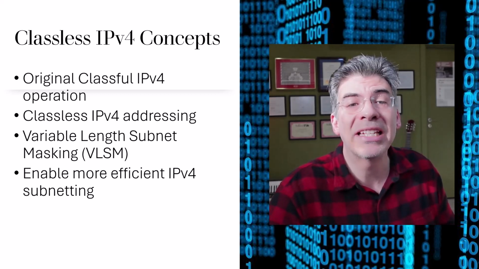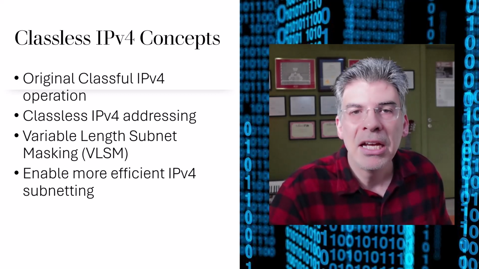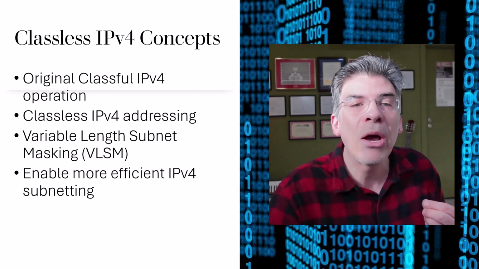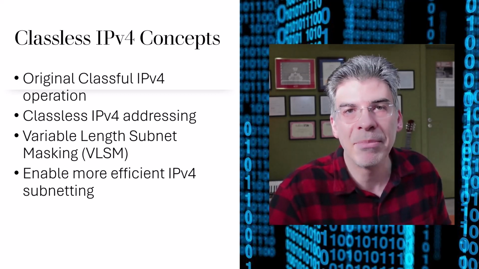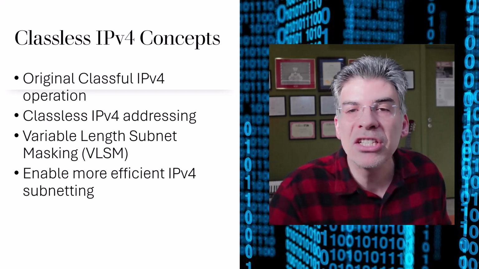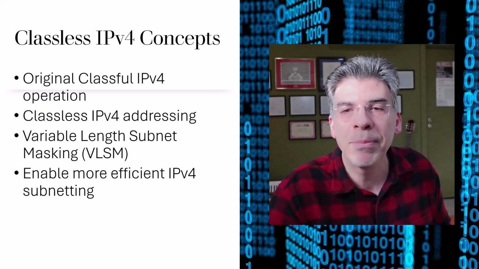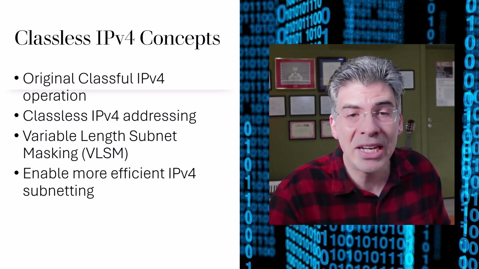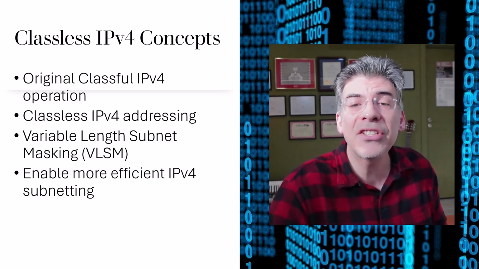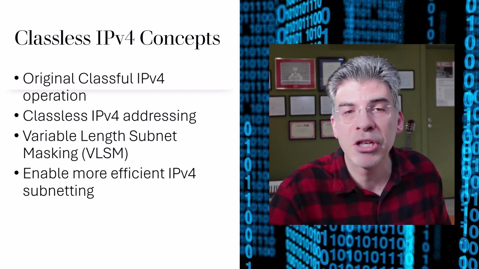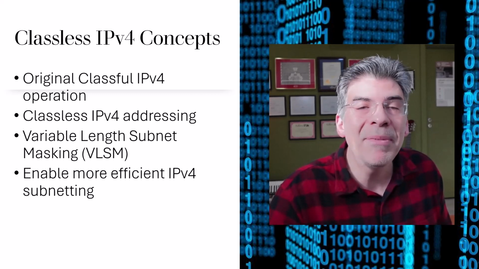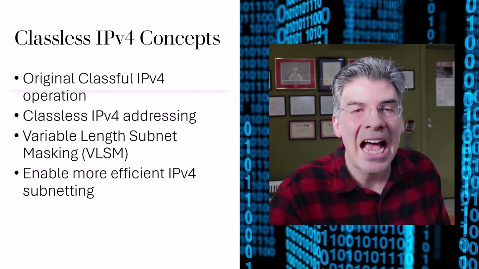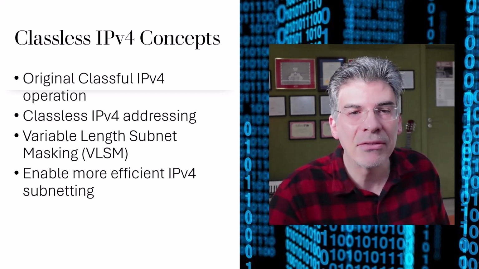That is, using subnets of various lengths, such that they accommodate the real number of hosts that will exist in that subnet, rather than being restricted to the original classful boundaries that may result in massive address wastage. You can find links to all of these videos in the description below, including several subnetting in action videos that show how subnetting is actually practically achieved.